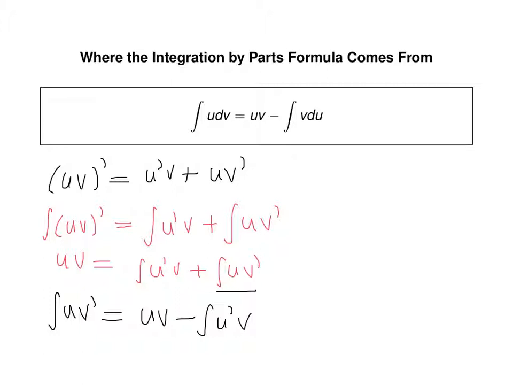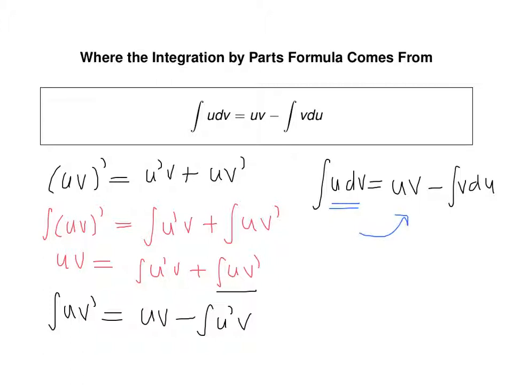And how this connects to the above notation is this: instead of v prime you use dv, and instead of u prime you use du, and this formula becomes the integral of u dv is equal to uv minus the integral of v du. So this formula allows you to translate an integral of this form into something that you can maybe take care of.